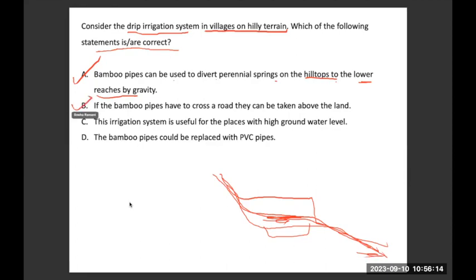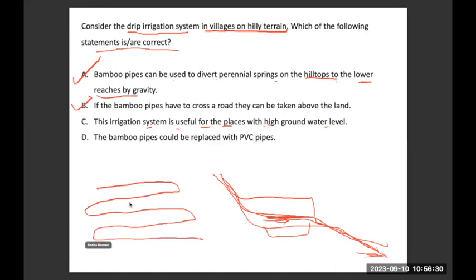Option C: this irrigation system is useful for places with high groundwater level. Please note, what happens in a drip irrigation system? There is a pipe which is run. In plan, the pipe is laid like this, and then within the pipe there are small holes. These holes allow water to drip in droplets on the soil.